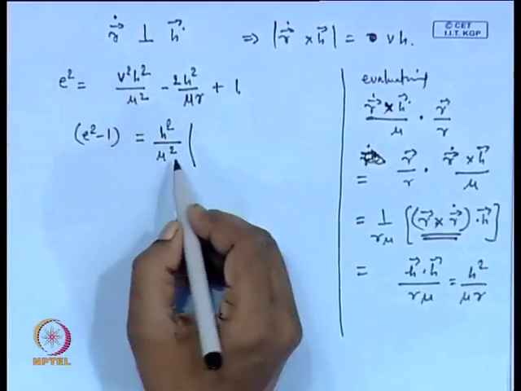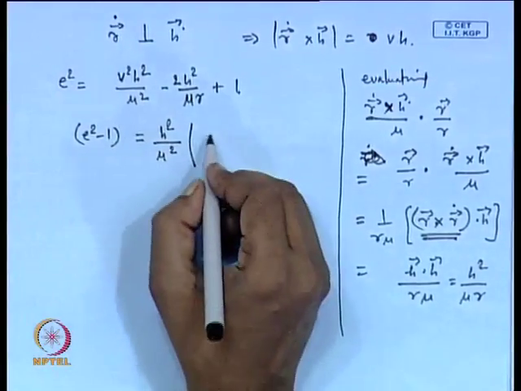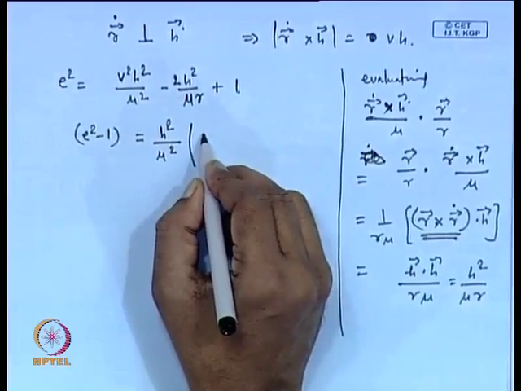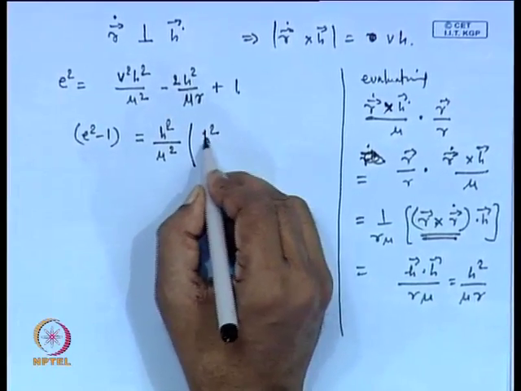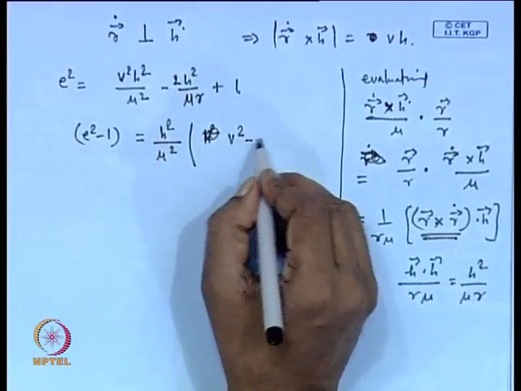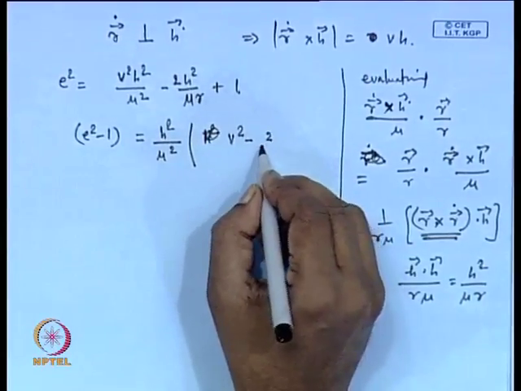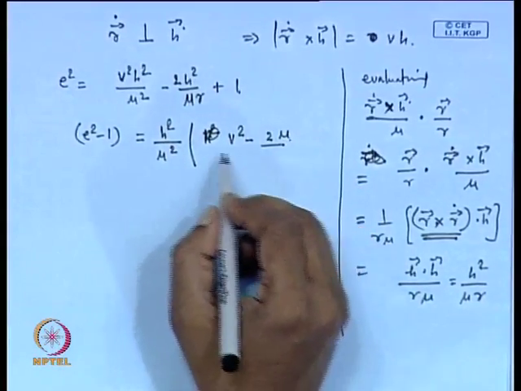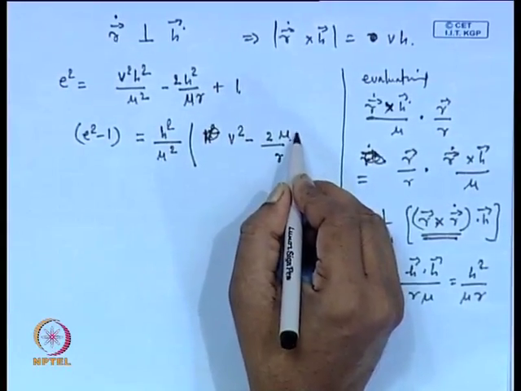So, E square minus 1 becomes h square by mu square times v square, okay, sorry, this is v square, and on the right hand side we have minus 2 h square, we have already taken out mu square, so there we write mu divided by r.